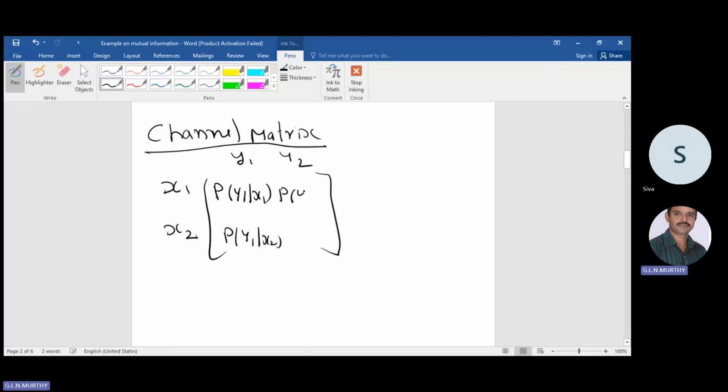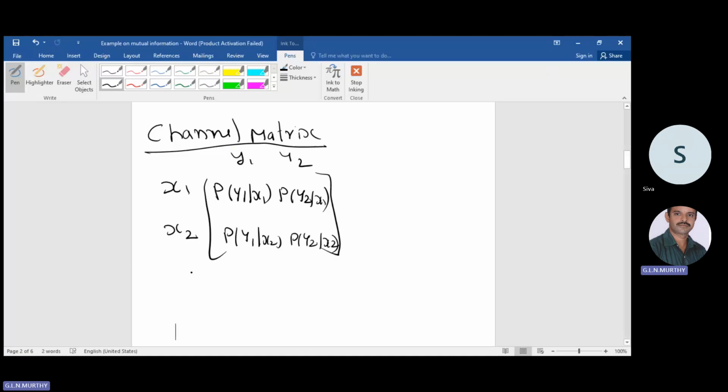Similarly, P of y2 upon x1 and P of y2 upon x2. This is the definition of channel matrix. We know what is a channel. A channel is the medium through which information propagates from transmitter to receiver. Behavior of a channel is a must in describing the performance of a communication system.